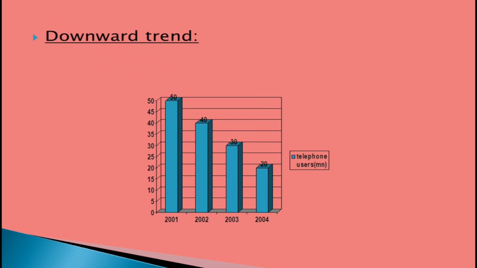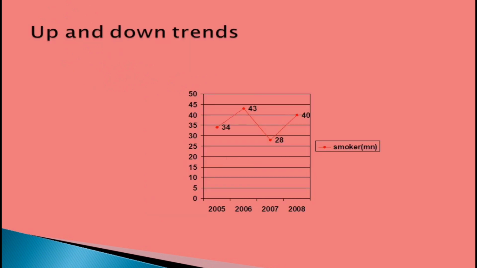Dear students, I have mentioned here 11 types of words. So don't use any word over and over again. Next, I will show you another way to describe when you find ups and downs trend.